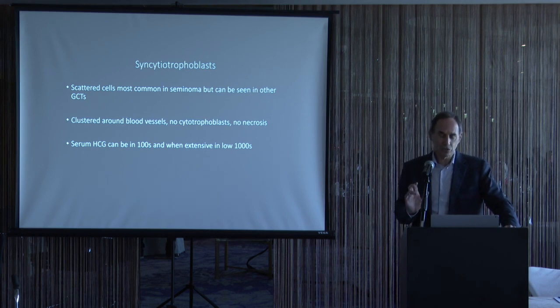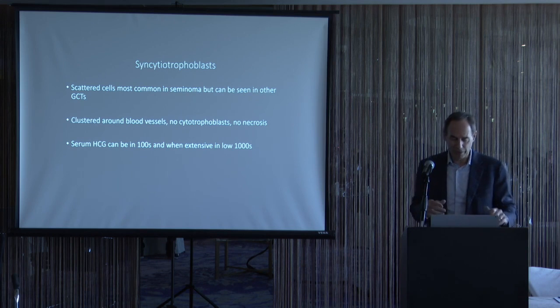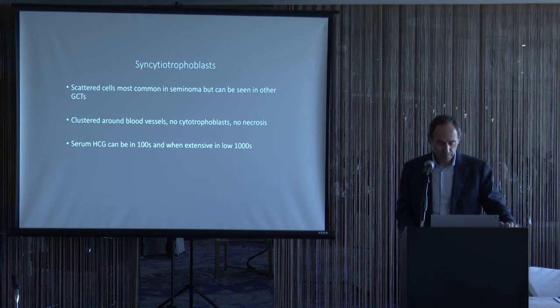They have no cytotrophoblasts, and you won't see necrosis, whereas typical choriocarcinoma, by definition, not always, but usually will have cytotrophoblasts. There are monophasic choriocarcinomas where you don't necessarily have both cytotrophoblasts and syncytial trophoblasts, but the vast majority of choriocarcinomas you'll see both. And often choriocarcinoma has hemorrhagic necrosis as well.